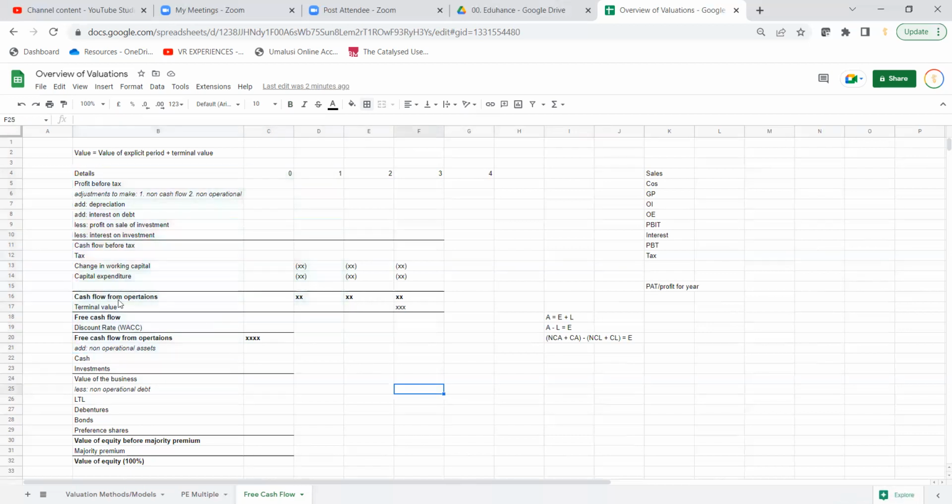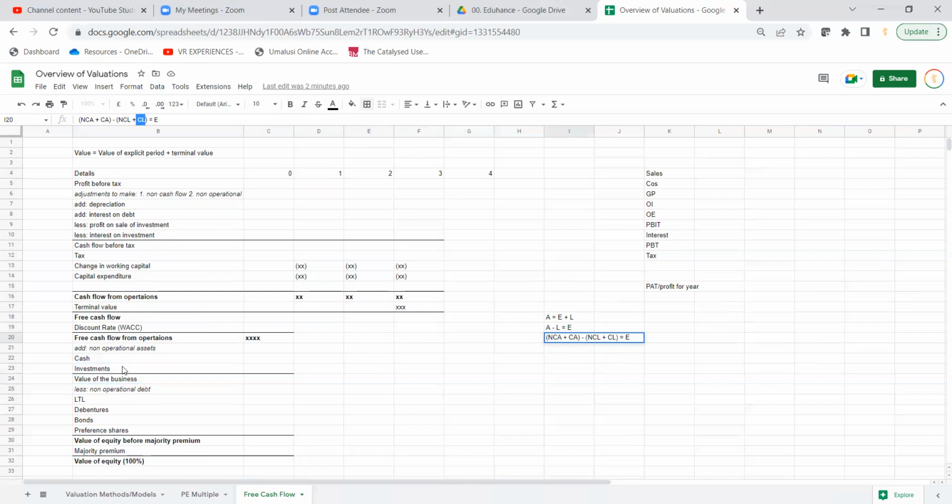Remember, here we got to the value of operation, which was current assets, current liabilities, and certain non-current assets. Then we added non-operational assets, and that gave us the value of the business. So that accounted for all of that plus that.